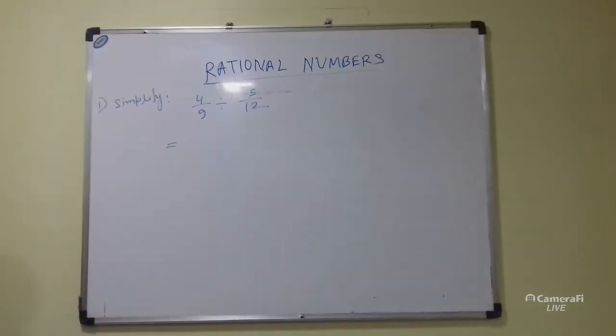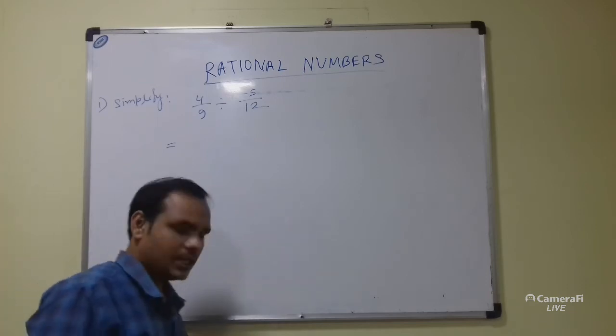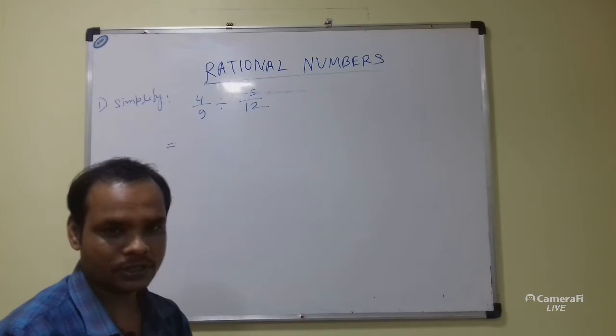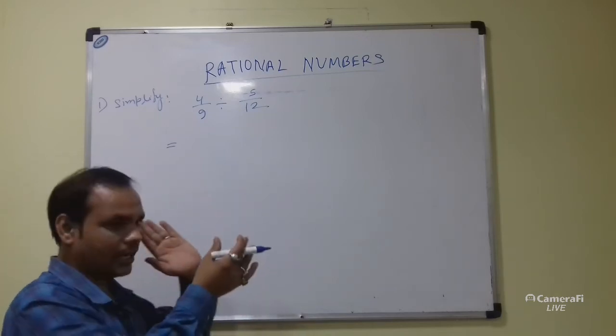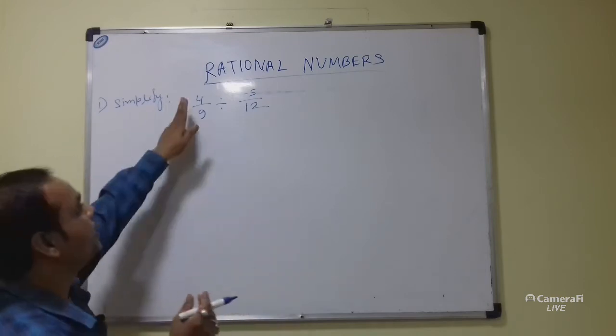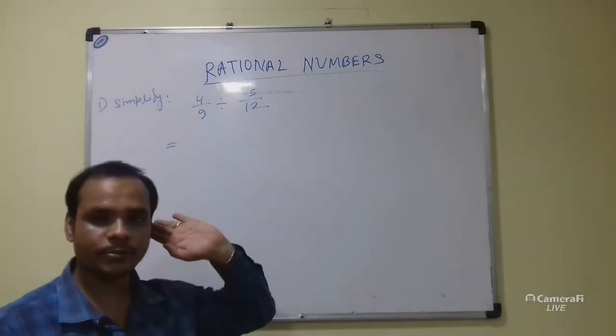So students, you now know how to multiply rational numbers. Now here we have to know how to divide rational numbers. So simplify 4 by 9 divided by minus 5 by 12.